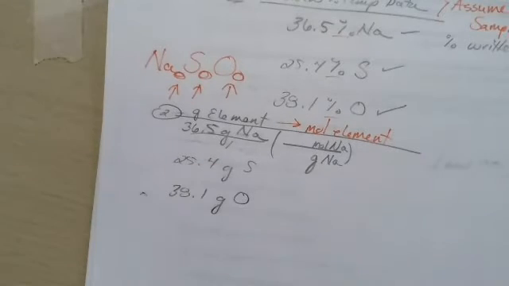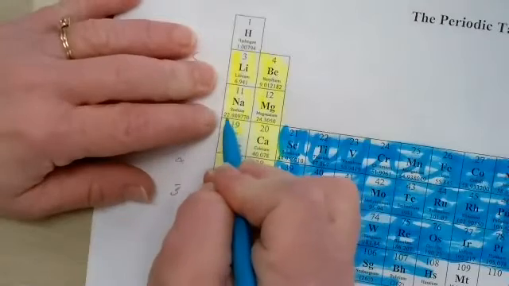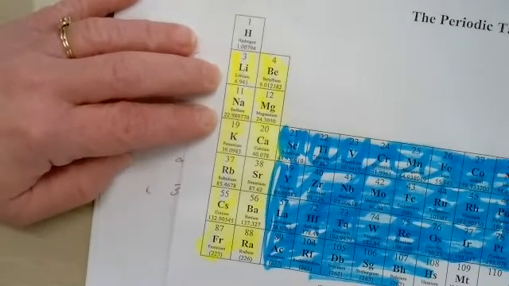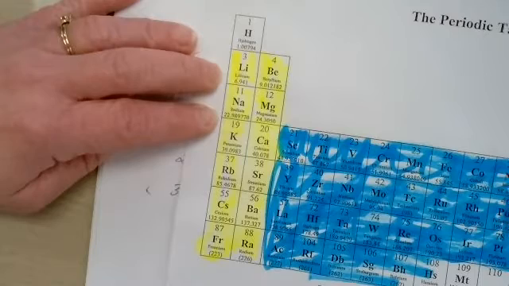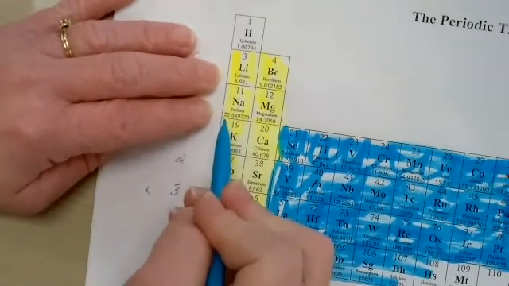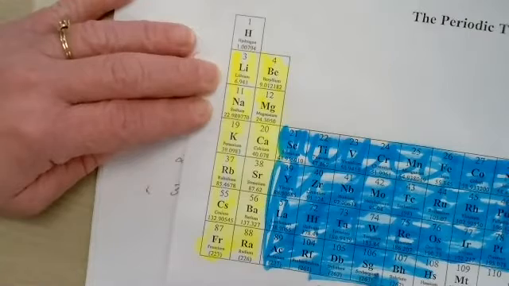Atomic mass, if we look at sodium, would be 23. We'd round that to the whole number. We only use atomic mass or mass number when we're trying to get protons, neutrons, electrons. So what do we call it when we round it to the 100th?